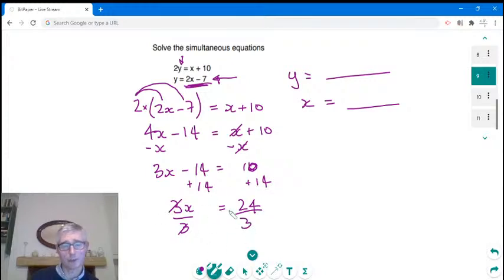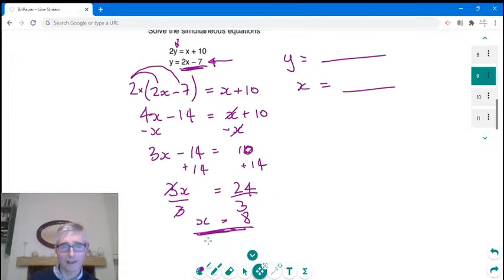Doing the same thing to both sides is the method that we do in this. So we end up with 24 divided by 3 gives me x is equal to 8. And that's the x value that we've found.